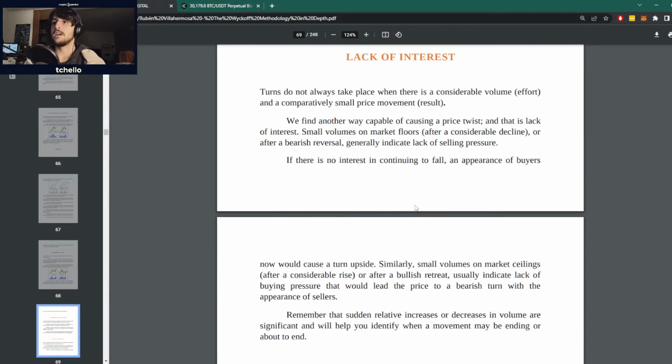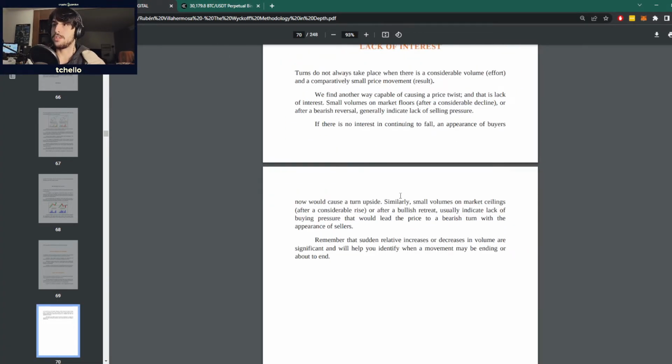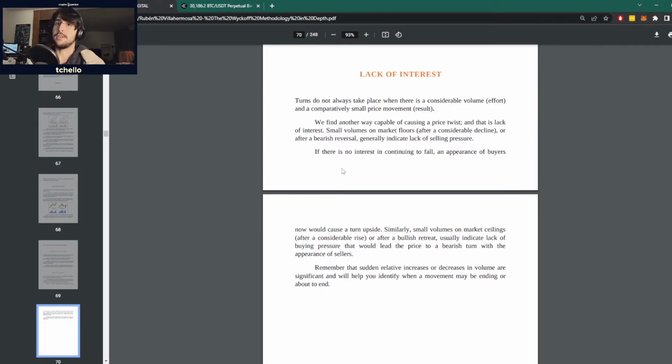And finally, looking at the lack of interest, we've talked about in the past during the accumulation and all that, just characterizing them superficially, that usually when we don't see too much volume, we see lack of interest in the market. We can see that in sentiment indicators, even with Bitcoin or other assets that also have these metrics.